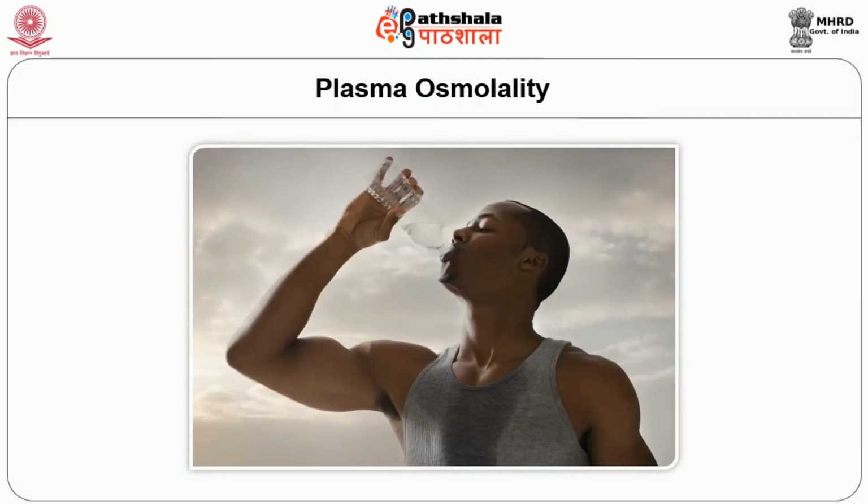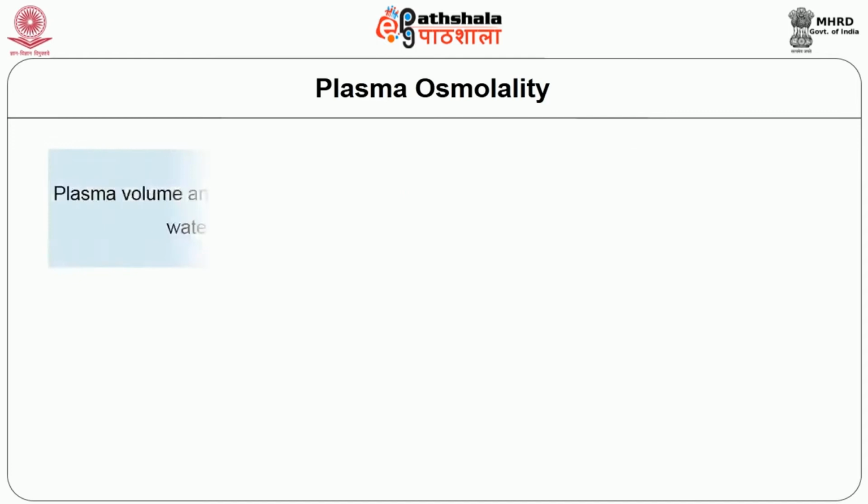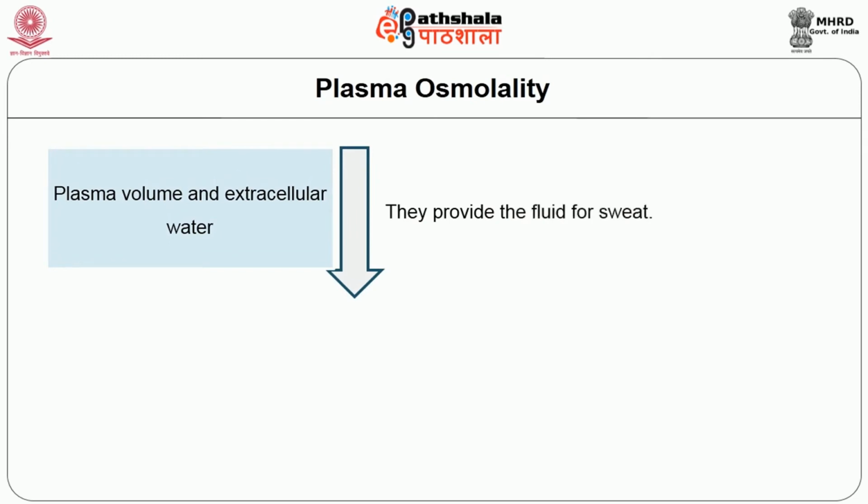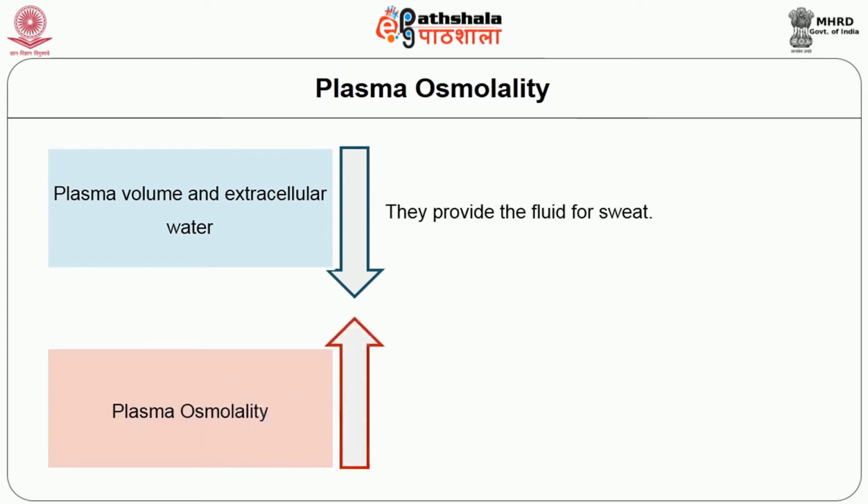Next is the plasma osmolality. Excessive sweat losses, if not replaced, reduce body water volume. Plasma volume and extracellular water decrease because they provide the fluid for sweat, and plasma osmolality increases because sweat is hypotonic relative to plasma.